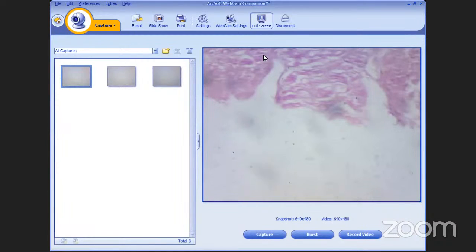This is the centrilobular area. You can see there is congestion, hemorrhage and necrosis of the hepatocytes. I will go to the low power.